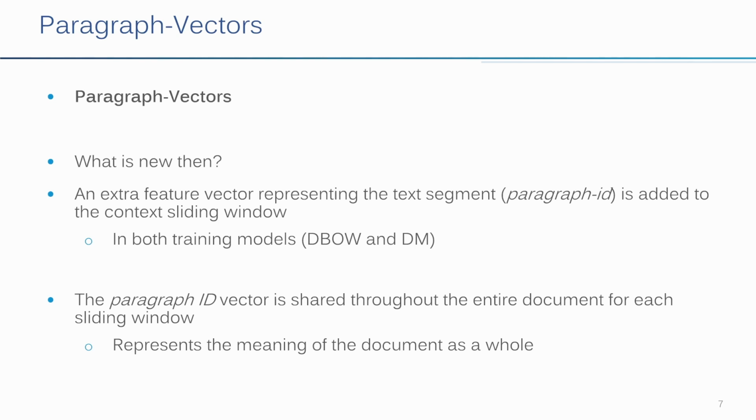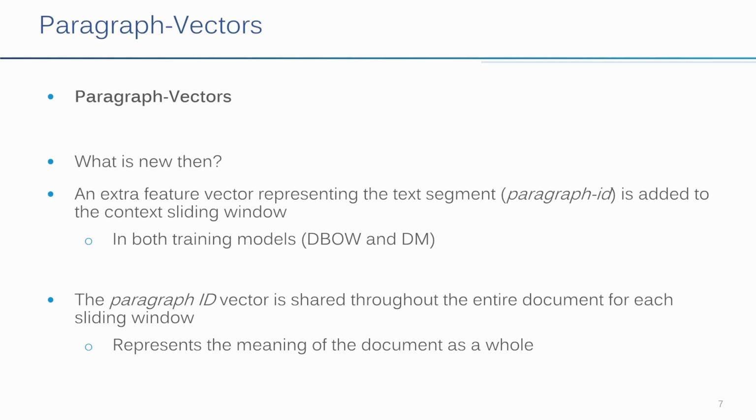And this paragraph ID is added to this context sliding window in the hope that as we move this context window visiting different words, this paragraph ID, since it's going to revisit all the text, will be able to capture the semantic value or the representation for this entire document a little bit more faithfully.